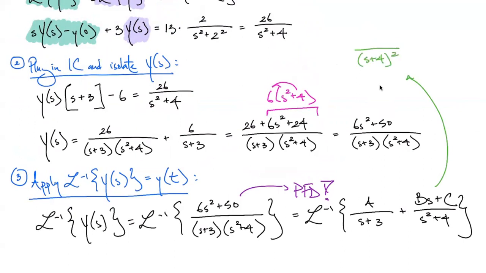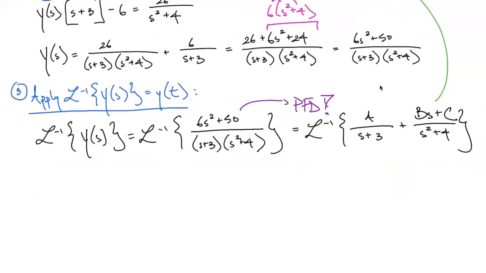What would I need in the numerator? Exactly. So if I had s plus 4, that quantity squared, I would only need a linear term on the top because that denominator is a factorable quadratic. It is reducible, right? It's only in our irreducible case that we put one degree less, okay?